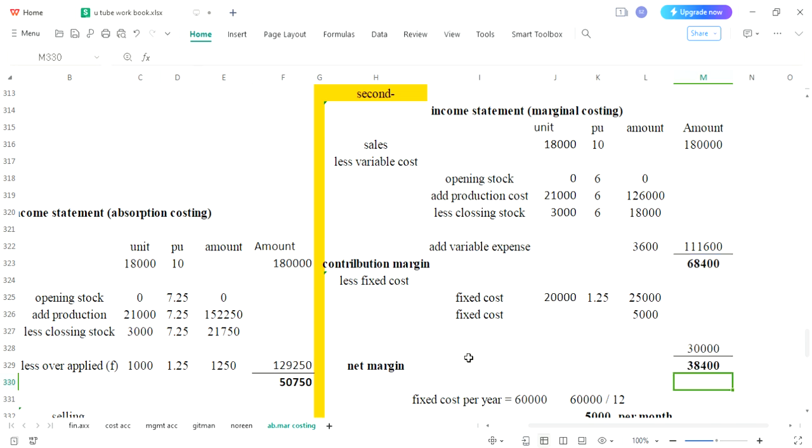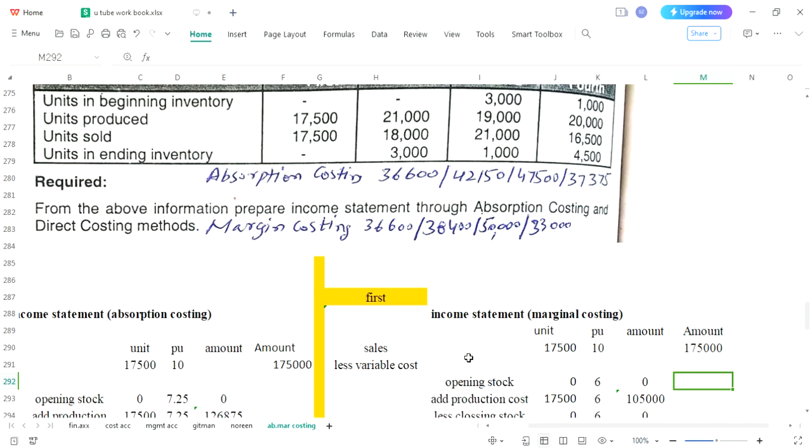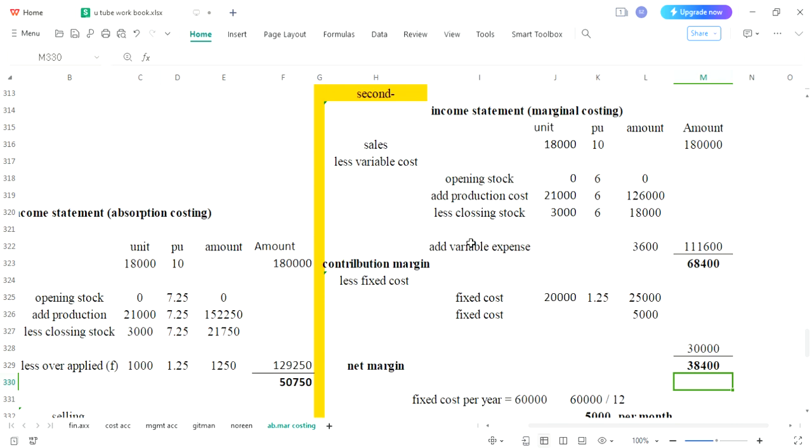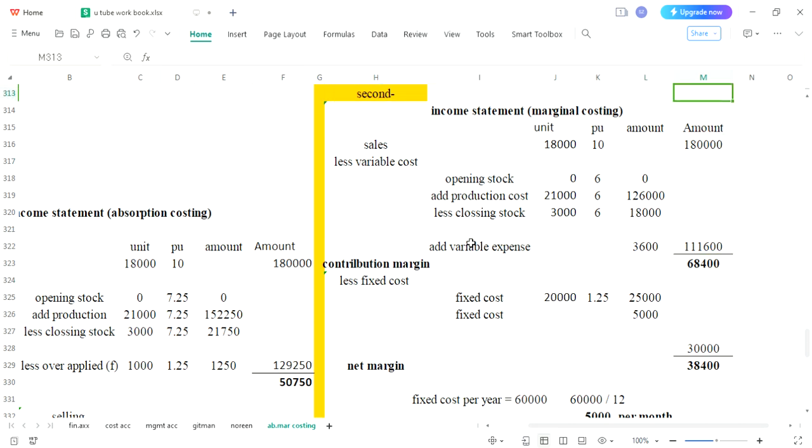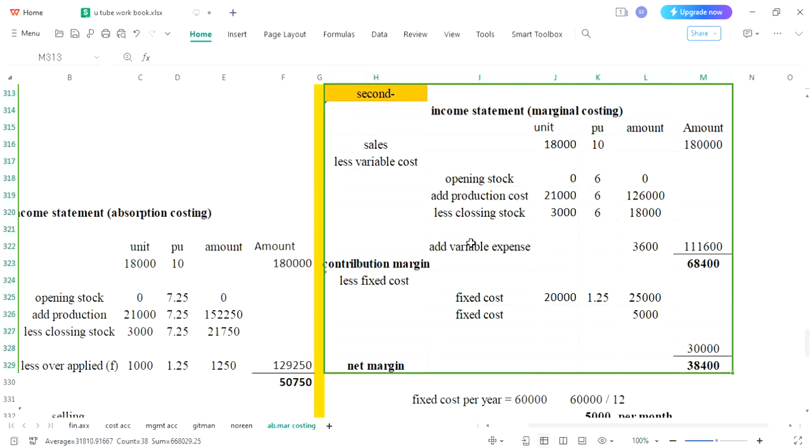Total net margin has been calculated and the second answer is 38,400. So in this way your second part is completed and now we are up to our third part.